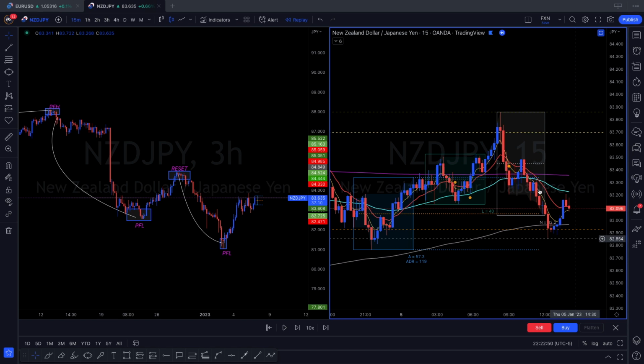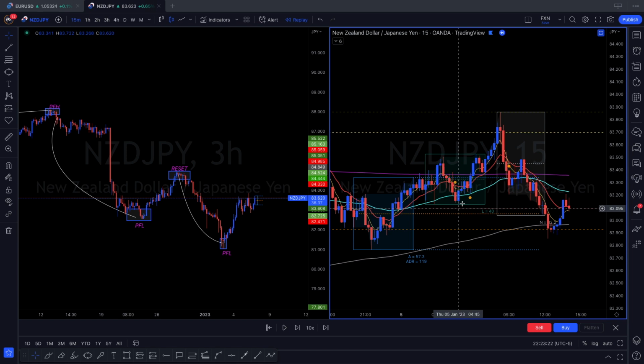For example, this one here is coming from the top of the Asian range down to the middle of the Asian range. That's one of my requirements for a type 3 setup. Since I'm looking for buys, I expect it to come from the top. Third, I like to see a pattern develop when it hits the middle of the range.